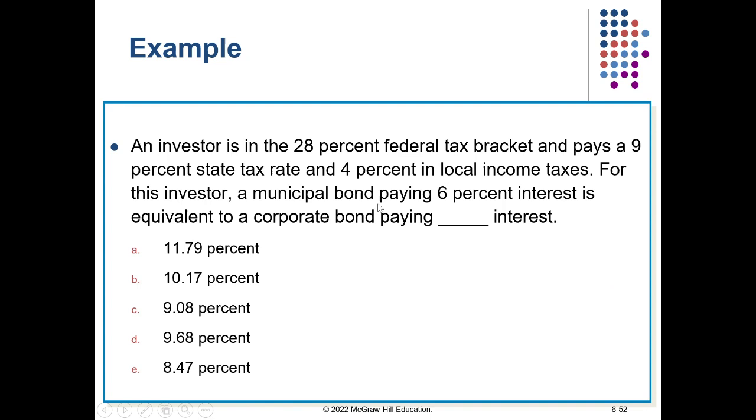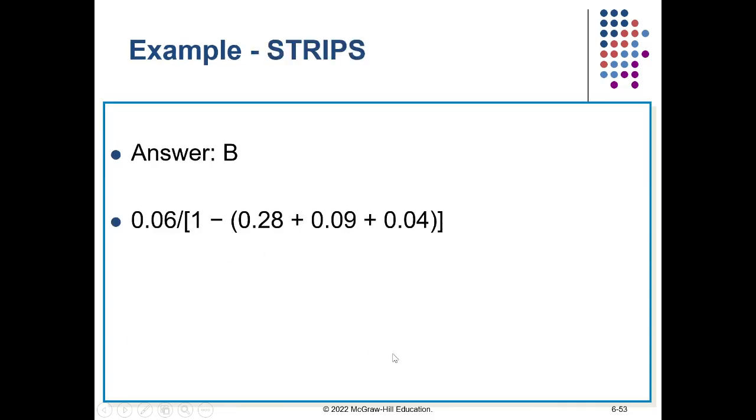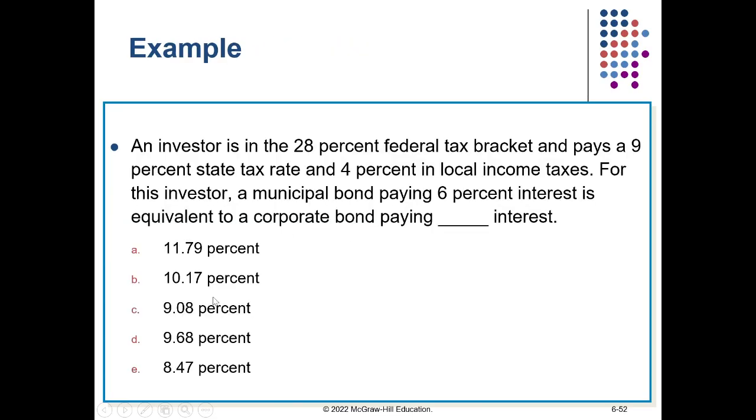Therefore, the before-tax yield equals 6% divided by 1 minus 41%. Then the correct answer here is B, 10.17%.